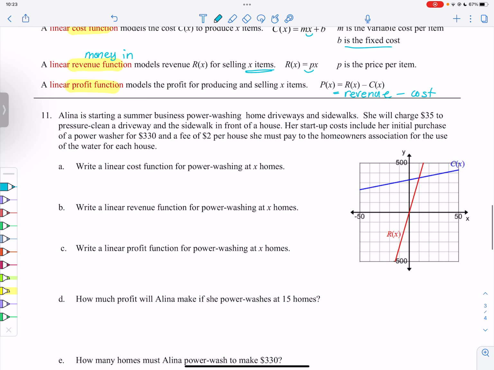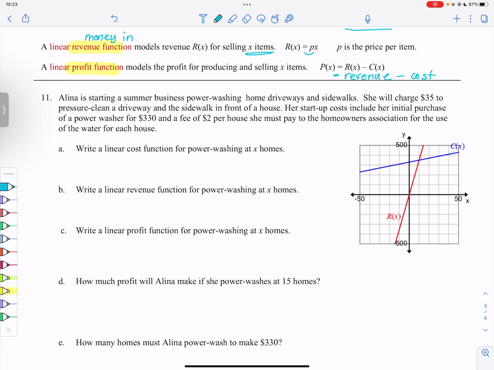Okay, so let's give that a try. Alina is starting a summer business power washing home driveways and sidewalks. And she is going to charge $35 to pressure clean a driveway and the sidewalk in front of the house. Her startup costs include her initial power washer cost of $330 and a fee of $2 per house that she has to pay to the HOA for using water at their homes.